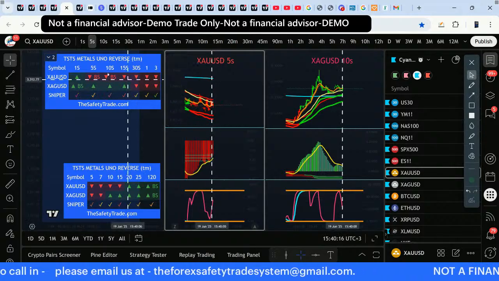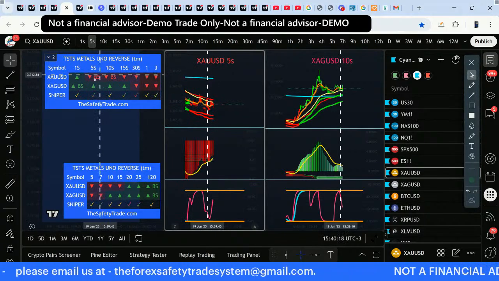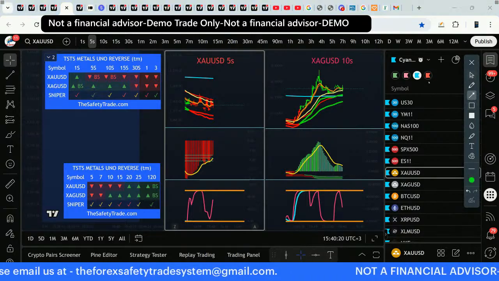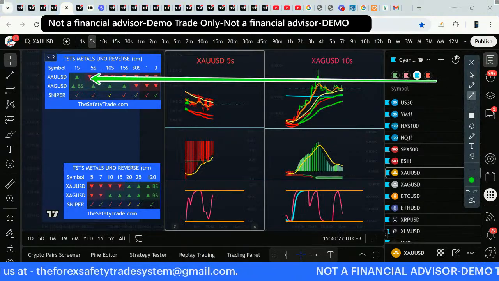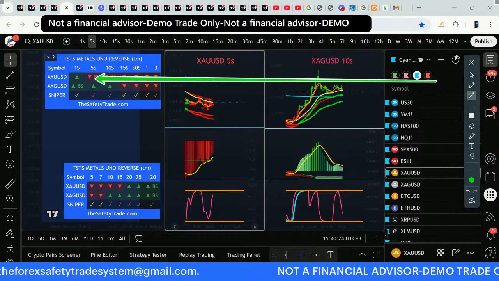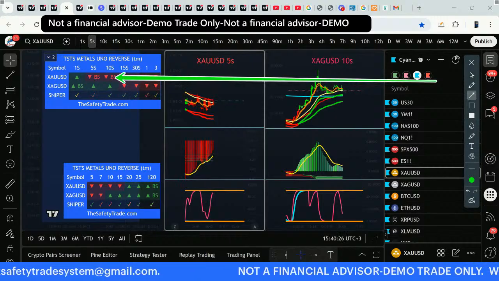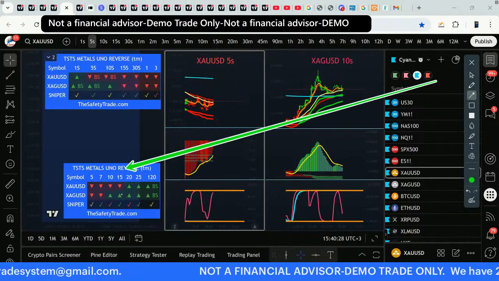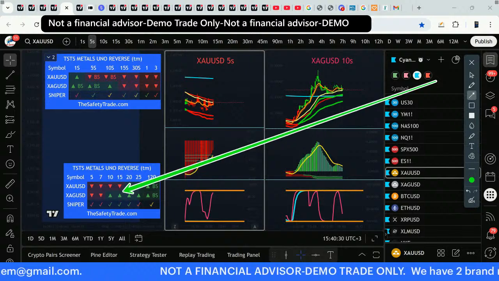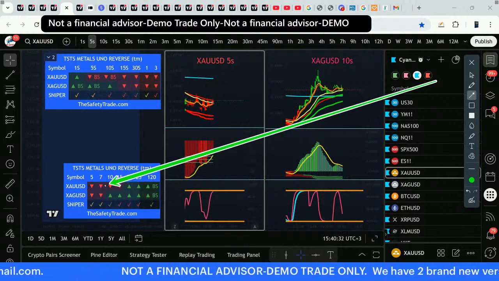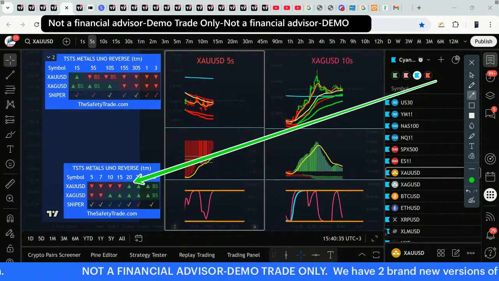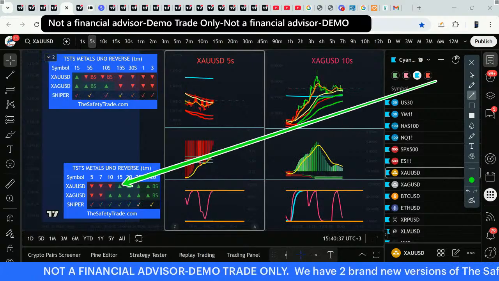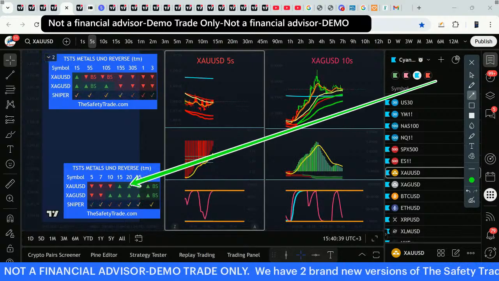So what you can do then is look for your entrances based on your sniper rifle right here. The safe trade system metal is going to reverse. This is going to turn to green, green, green, and then they're all going to turn to green. So these are buy stops. If I go up to gold, I can clearly see there's a different arrow. There you go, the 15-minute green.